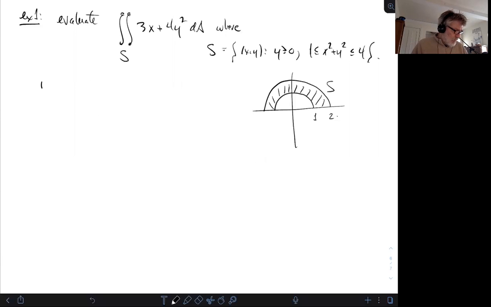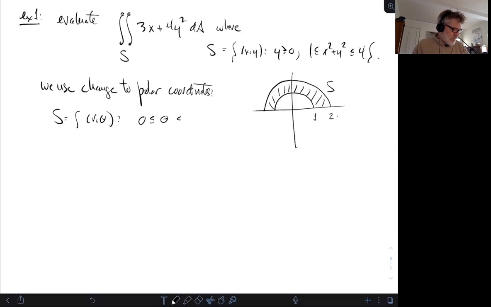So we change to polar coordinates. We know that S can be described as follows. Hopefully you can see this by looking at the picture. The angle goes from 0 to pi, and r goes from 1 to 2.